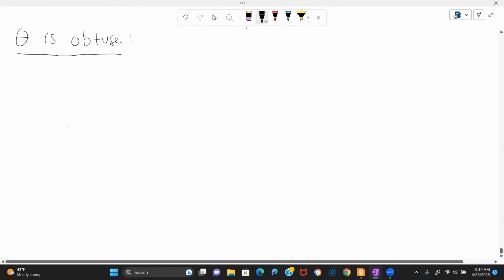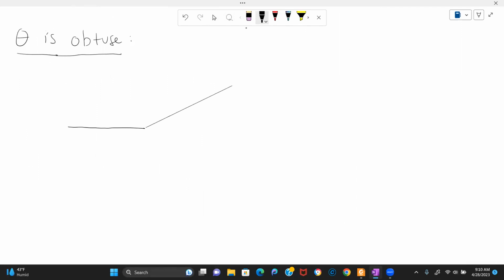So in this case the triangle might look something like the following. All right, and let's say that this is the obtuse angle that we're given.